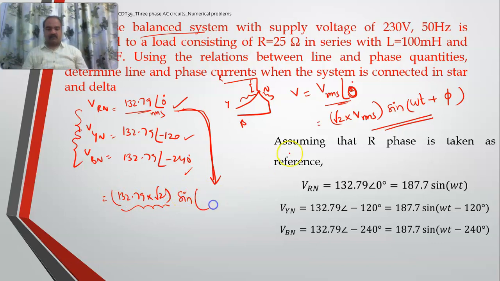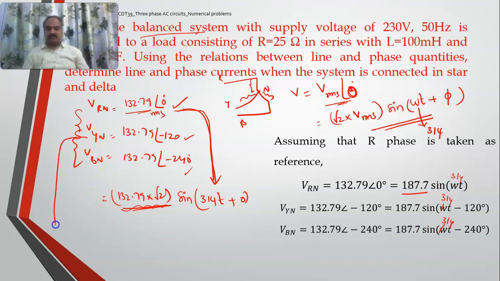Sine omega t. I have calculated omega earlier, it was 314, right? So 314t plus, what is the angle here? 0. So 132.79 into root 2 is 187.7, into sine 314t. Okay, this is how you need to write it.